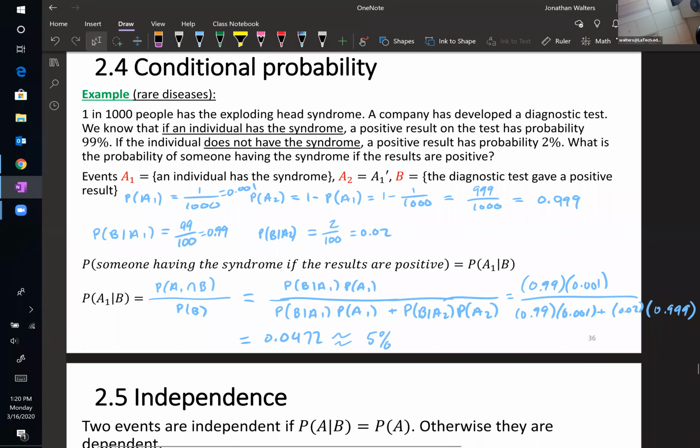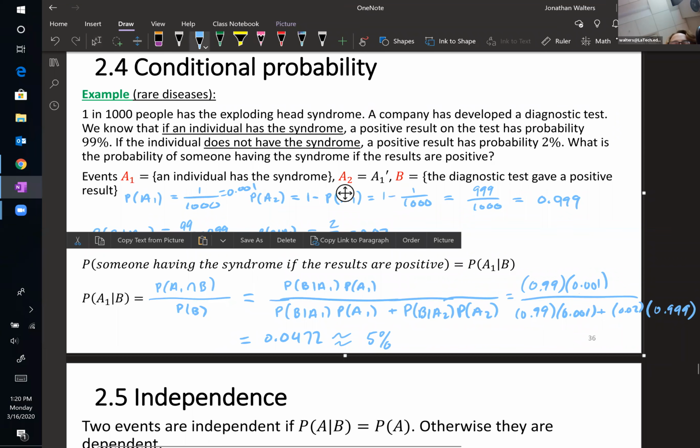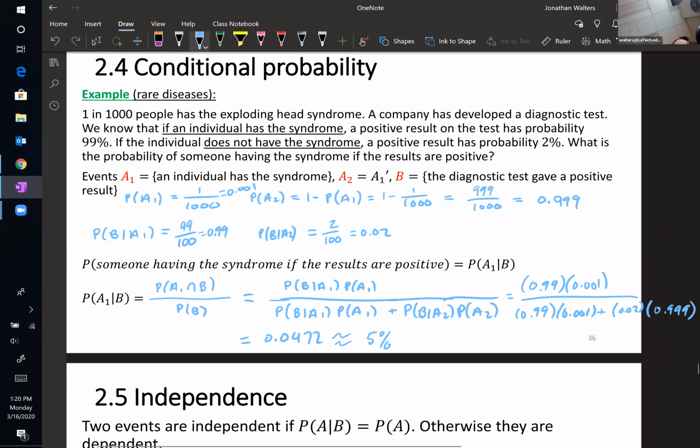The wording tells you, we know that if an individual has a syndrome, a positive test result, it's basically the probability of a positive test result given that the individual has a syndrome. Basically, if this occurs, then this occurs. This is your second part, the part that you're looking at after this occurring. So that's the heart of conditional probability.